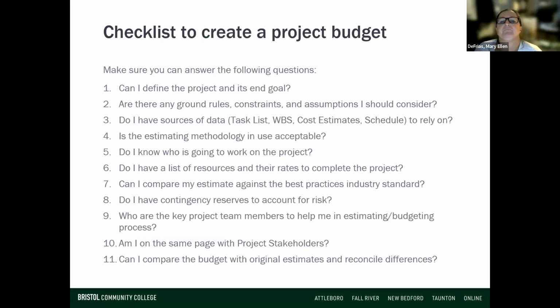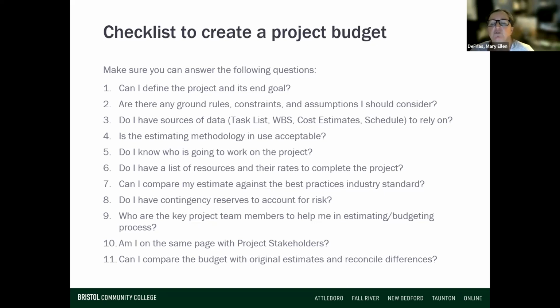So you want to make sure that you can answer these questions as you're putting together your project budget. Can you determine the project and its end goal? What am I trying to achieve? Are there any ground rules, constraints, or assumptions you should consider? Like, have you looked at the legal ramifications?